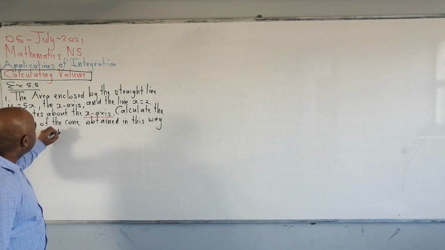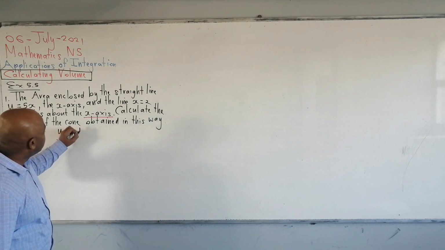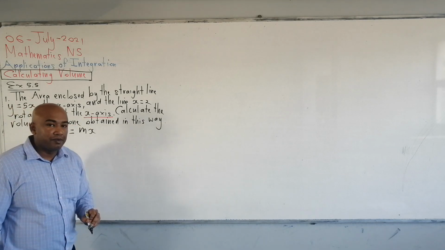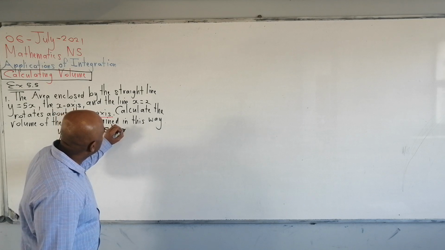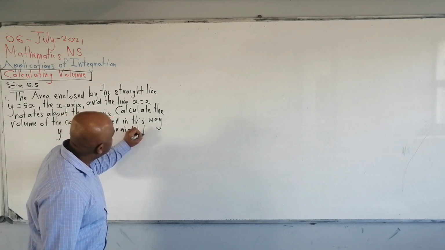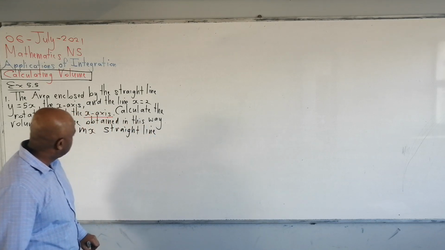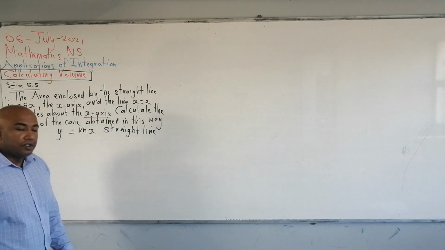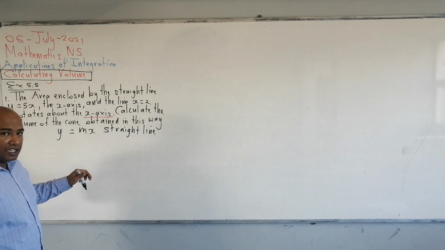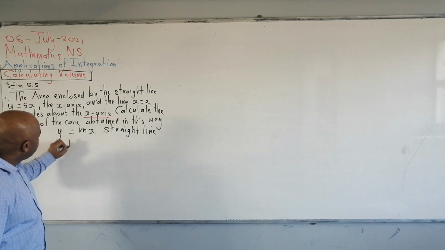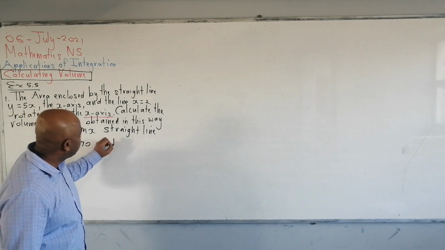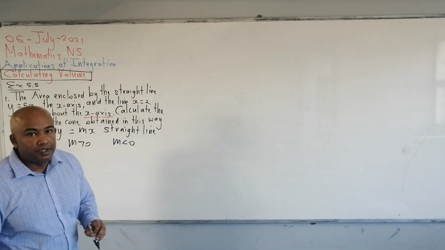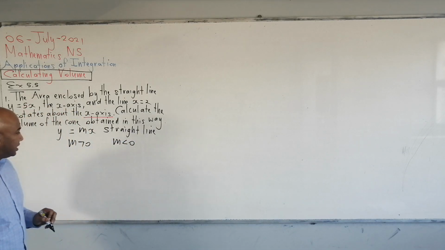What do we have? We have y is equal to mx. So this is a straight line. Now, for this type of straight line, you could have m greater than 0, that means positive, or m less than 0, that will be negative.